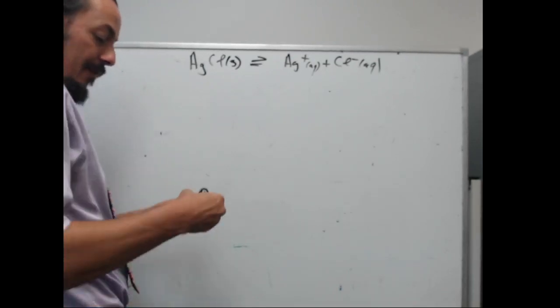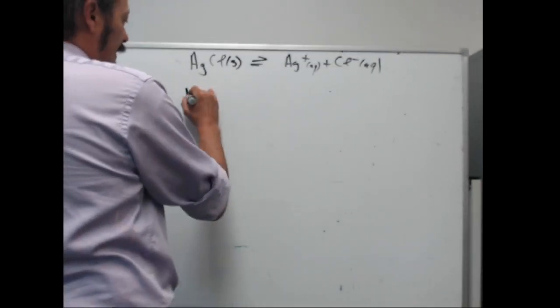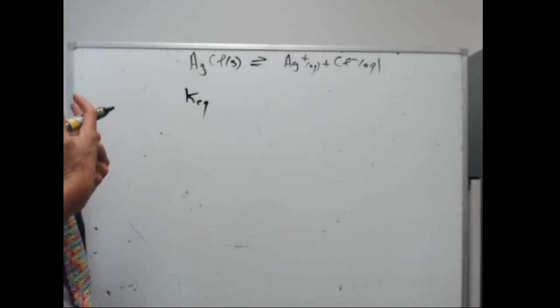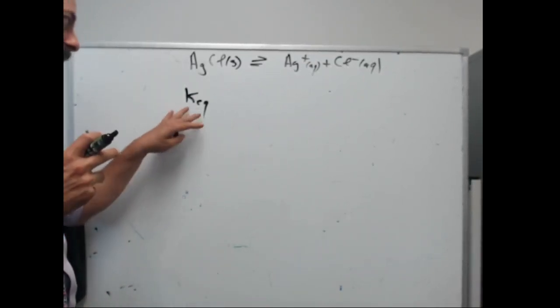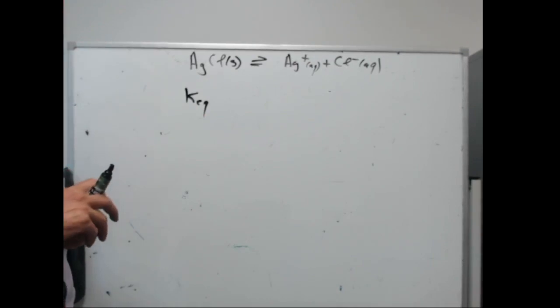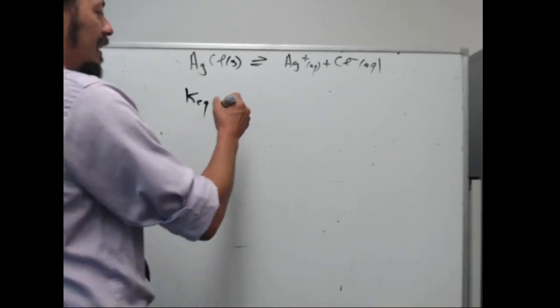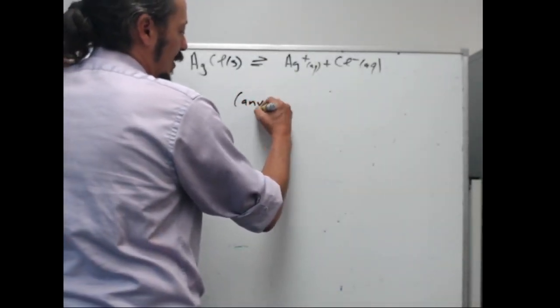For this particular chemical reaction, I could write it down as a KEQ, but I want to give some hint. Anytime we change subscripts, particularly when we're labeling things, we're trying to give some hint. KEQ is any equilibrium.